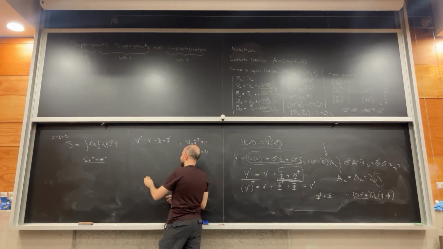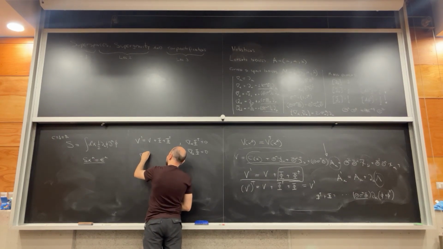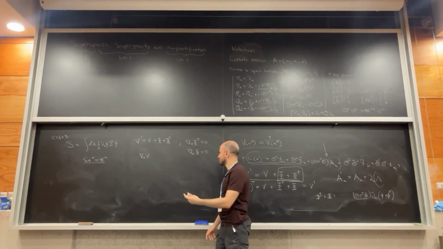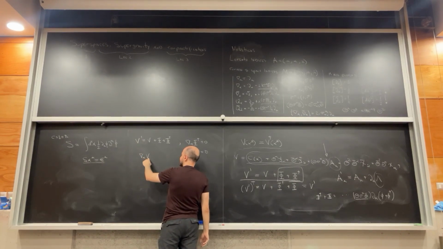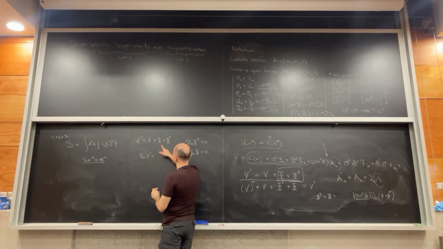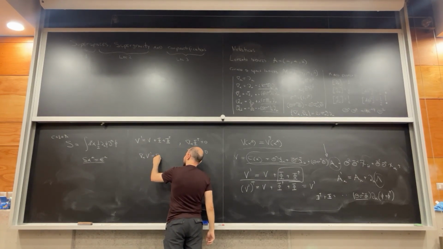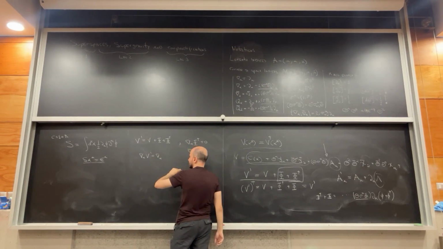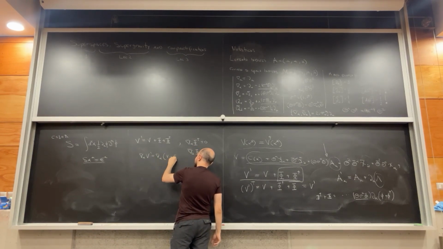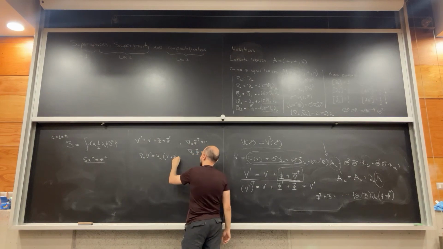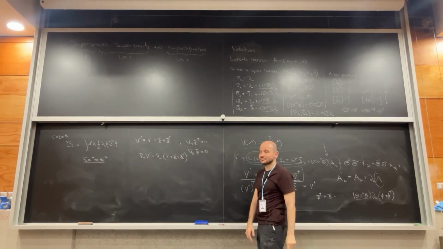So I can start with, for example, nabla alpha V. If I compute nabla alpha V prime, I replace V prime, which is V plus phi plus phi dagger.